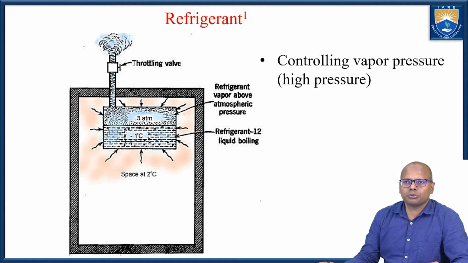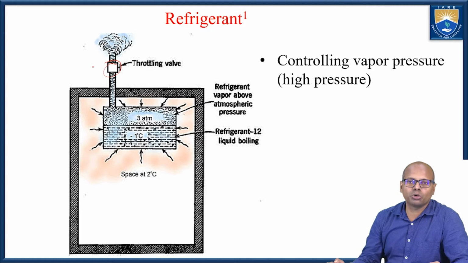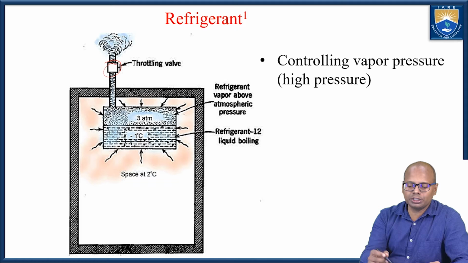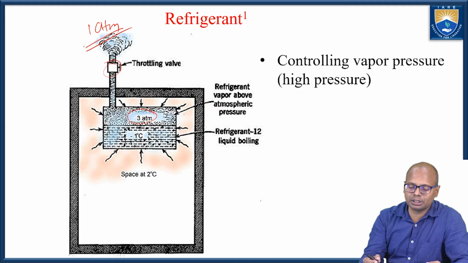Now suppose I use a throttle valve here. If I use the throttle valve, the pressure inside the evaporator is more than the atmospheric pressure. Here the atmospheric pressure is 1 atmosphere, and when I use a throttle valve, the pressure inside the evaporator is more than 1 atmosphere.